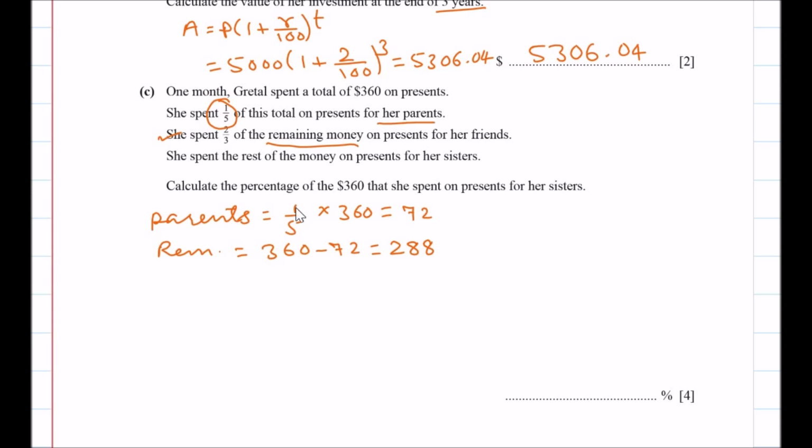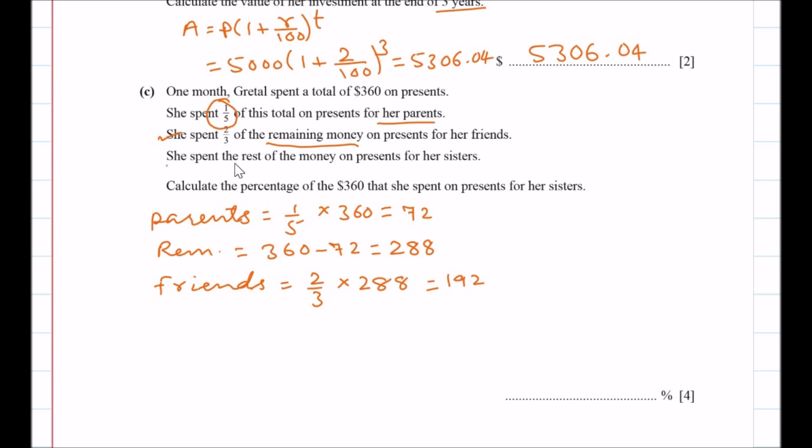So she spent 2/3 of remaining money on presents for her friends. How much spent on friends? Let us find. On friends, 2/3 of 288, and that gives us 192.